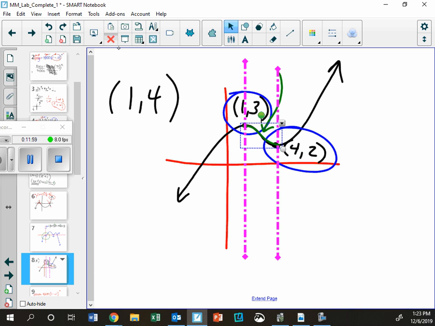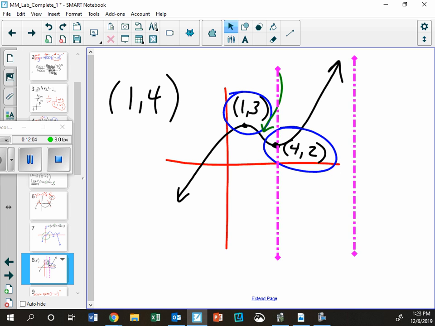No longer talking about that little zone. Now I'm talking about the zone between the two little stripy dotted lines. What's it doing in that zone? It's increasing. Describe the interval over which the function is increasing. Got it? Okay.